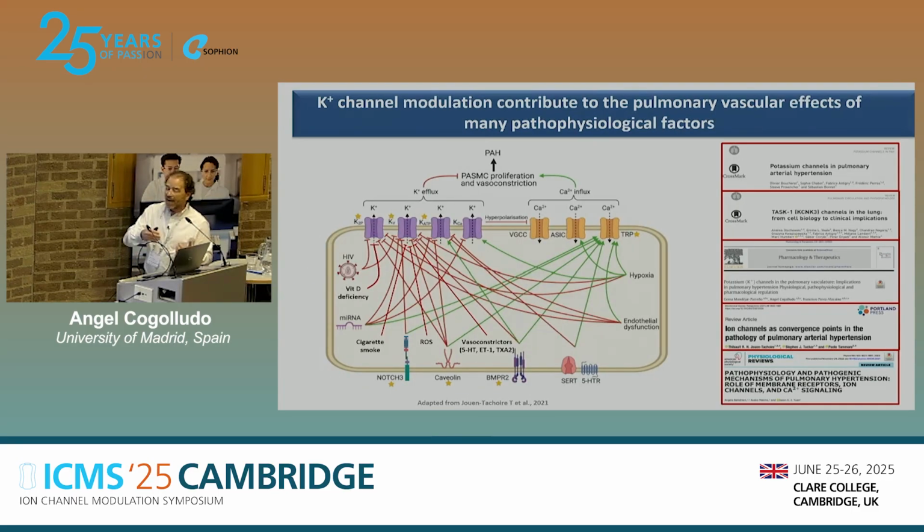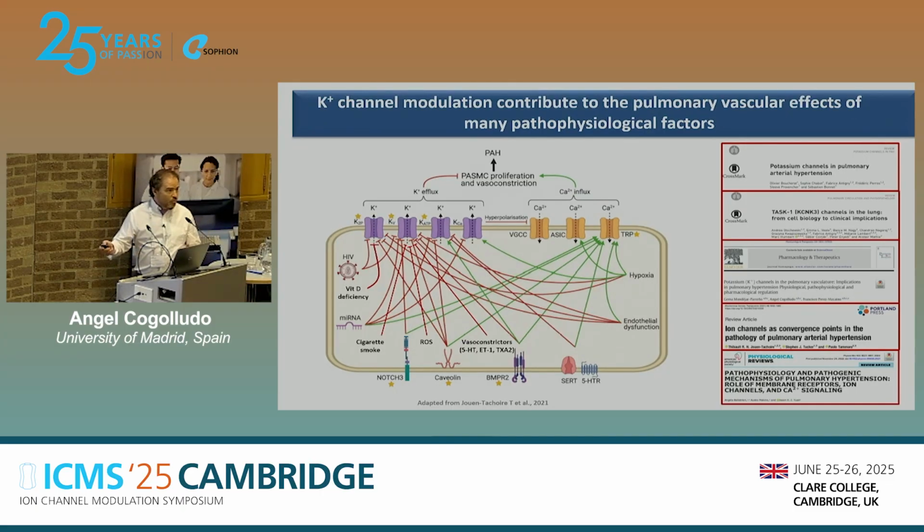Well, during the last, I would say, decade or probably 2 decades, we have learned that ion channels, and particularly potassium channels, and you see here Kv channels, are targeted by many pathophysiological factors involved in pulmonary vascular diseases.